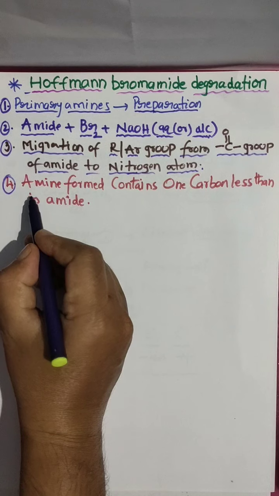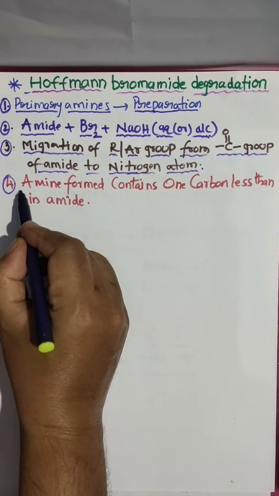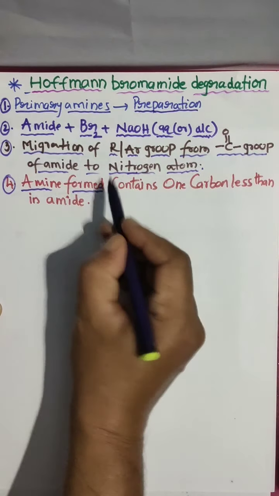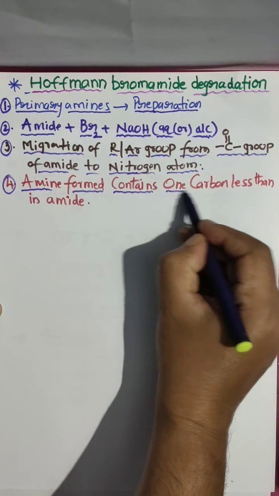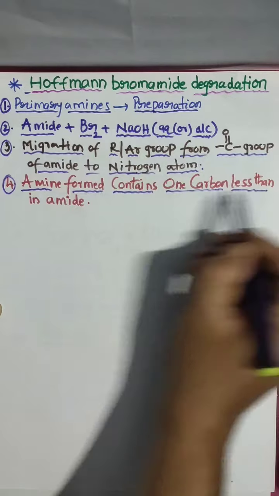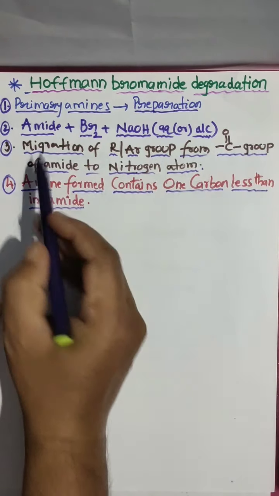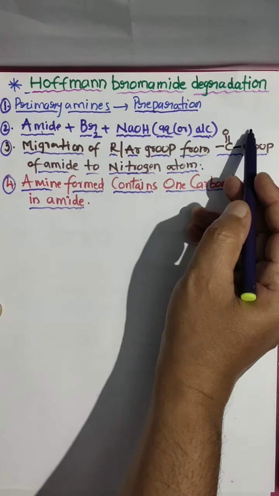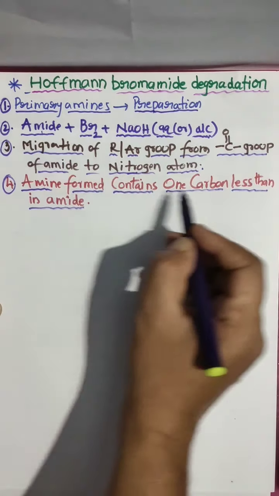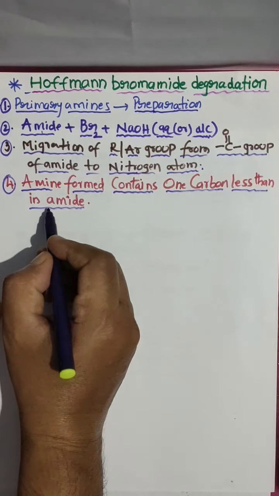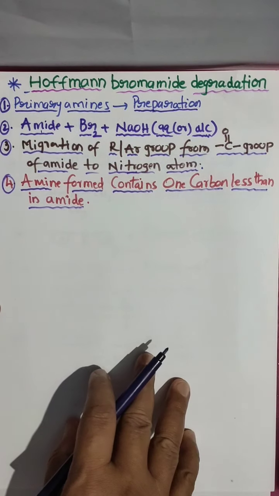Next, another most important point: the amine formed in this reaction, that is the primary amine, contains 1 carbon less than the amide. So from amide to amine we are preparing, and the amine has fewer carbons than the amide we are taking.